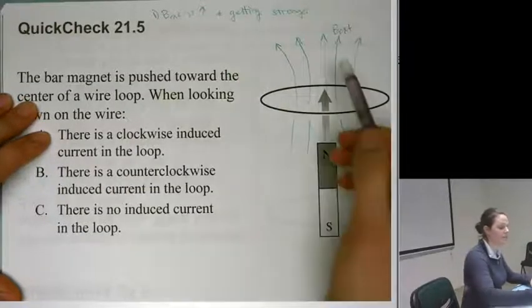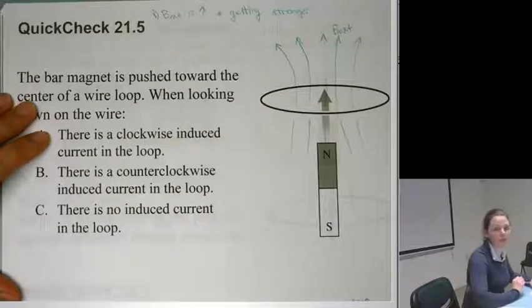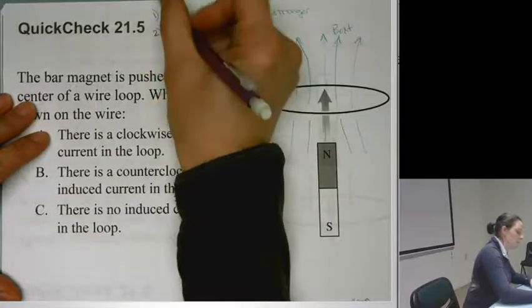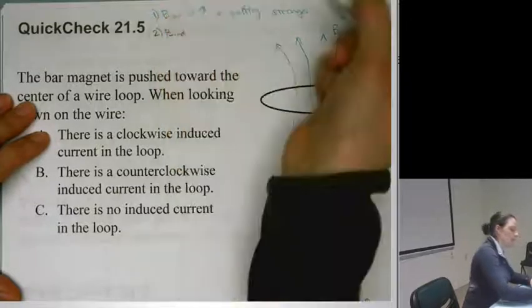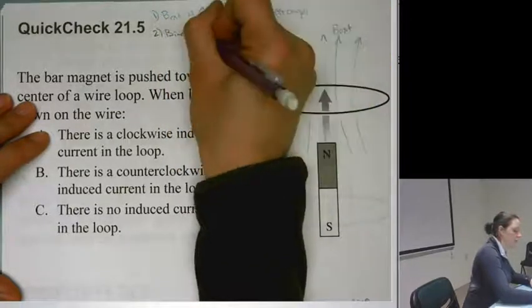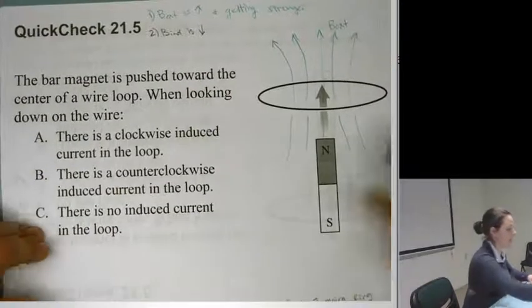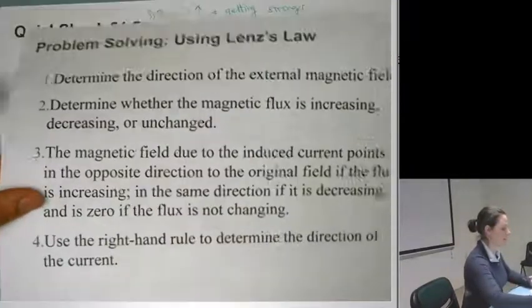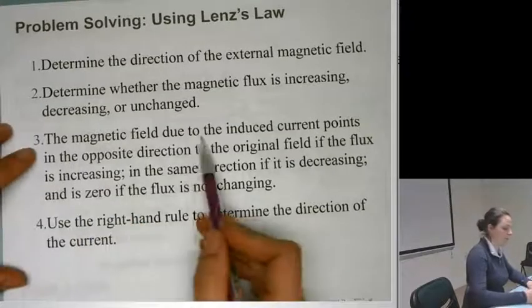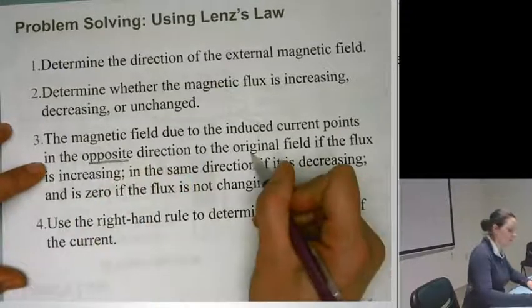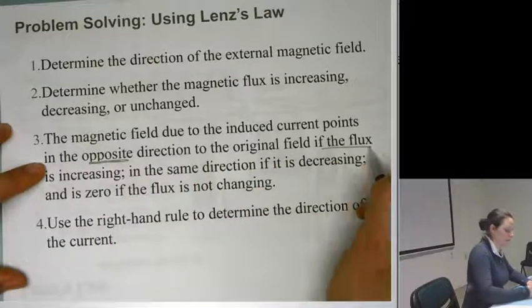Okay, so because it's getting stronger, that means that B induced must point in the opposite direction. It is down. And remember, this came from these rules right here. The magnetic field due to the induced current points in the opposite direction of the original field if the flux is increasing, okay?